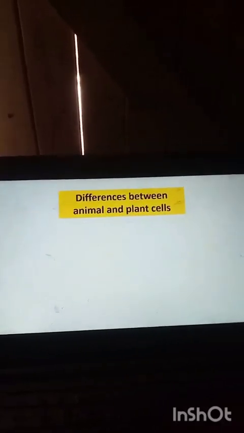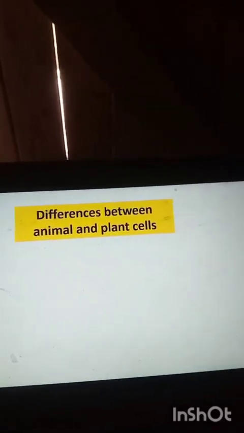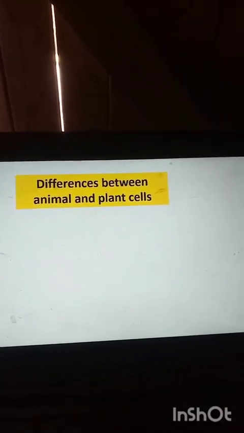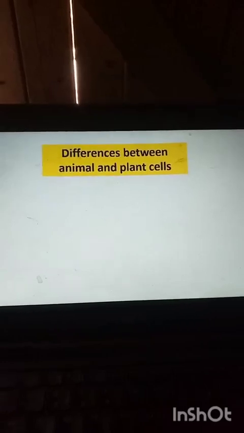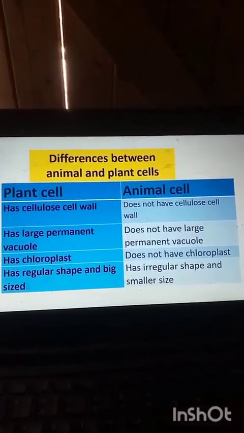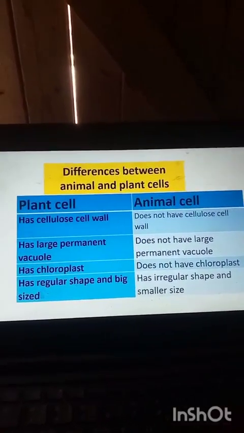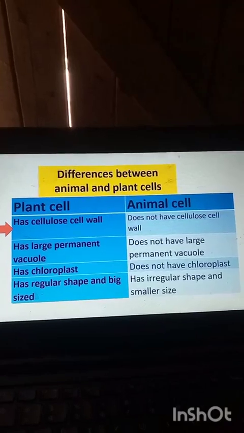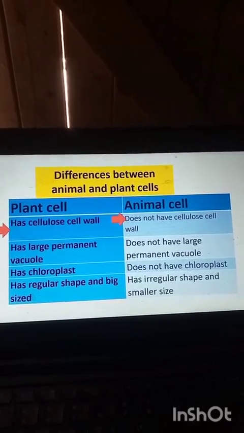So let us look at these differences in detail. I'll put them in a table: the plant cell and the animal cell. A plant cell has the cellulose cell wall, while an animal cell does not.